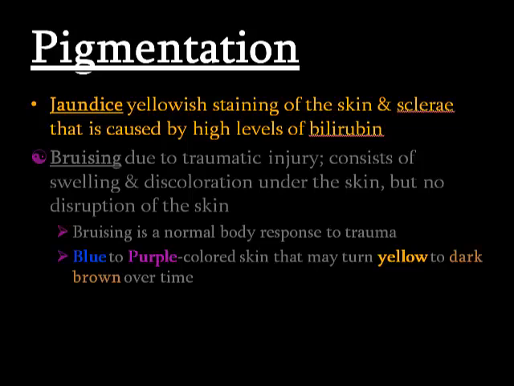You should understand the anatomy of a bruise, why it's different colors. Purple or dark blue would refer to a bruise that is fresh, versus your yellows and browns would be a bruise that's older, and the blood that is in the skin is breaking down, specifically a substance called bilirubin.